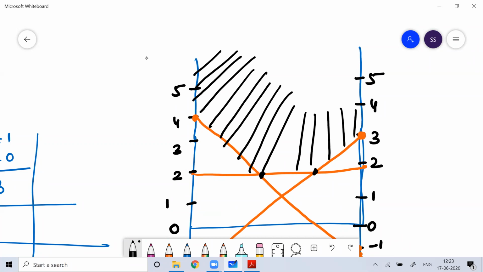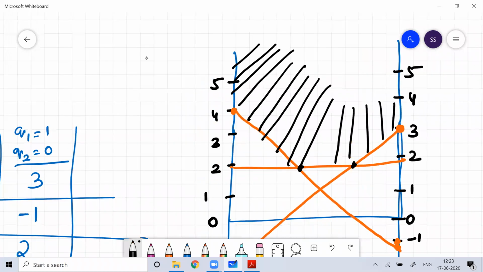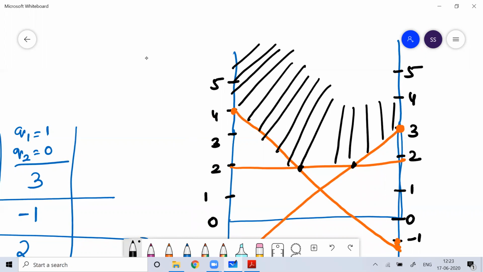So both of these points can be the critical value. You're getting 2 points, this is P1 and P2. Both these points can be your critical value.